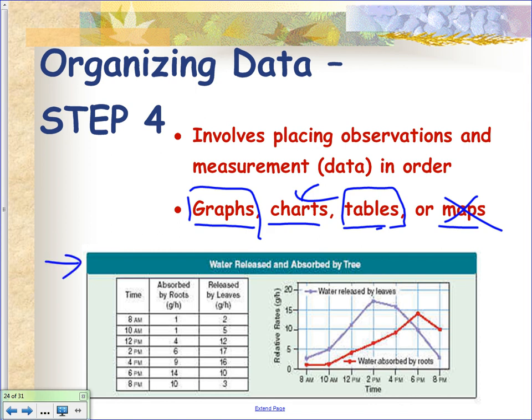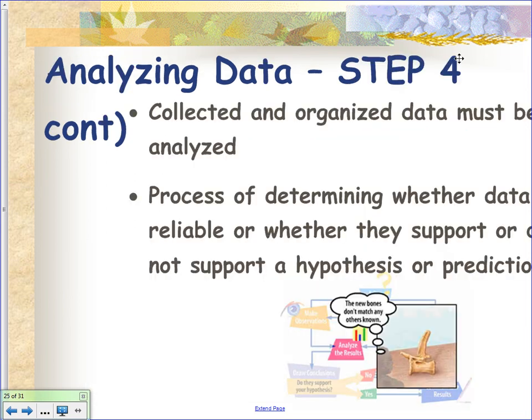Again, here's an example of how we can take data in this information, and in this case, they constructed a line graph to display that information. Once we organize data, we need to analyze data.